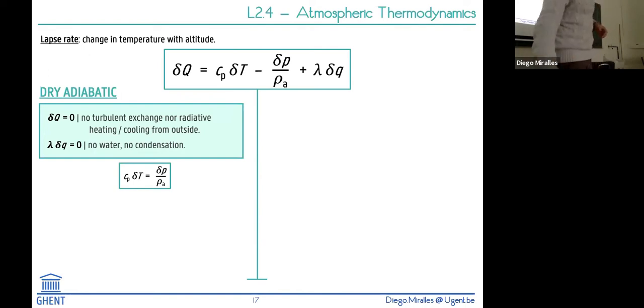Okay. Now, let's say it moves up without further exchanges of energy from outside, so adiabatically, and it doesn't have phase changes, so dry adiabatic. So what happens with that air? As it is moving up, it's generating work in the surroundings because it's expanding. It's moving to lower pressures.